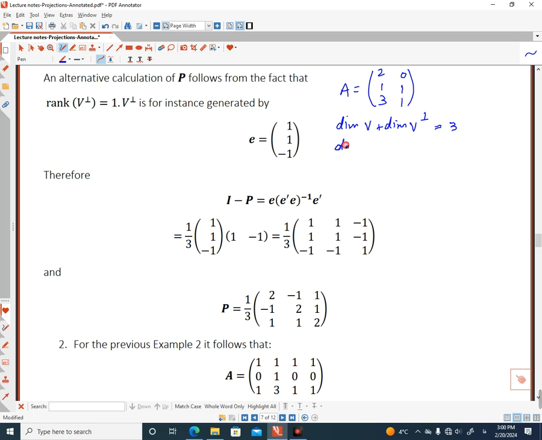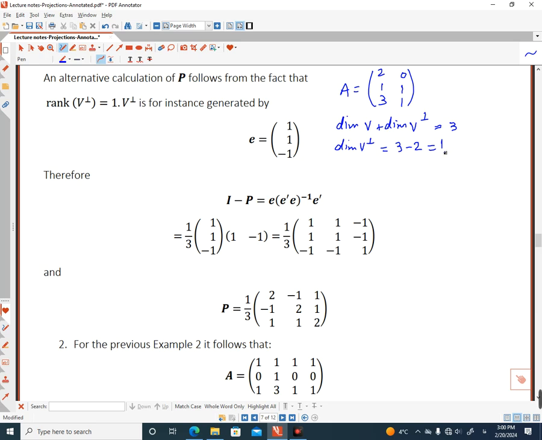So here I can get the dimension of the orthogonal vector space as 3 minus 2, where 2 comes from the dimension of V, the dimension of the two independent columns. It is equal to 1.